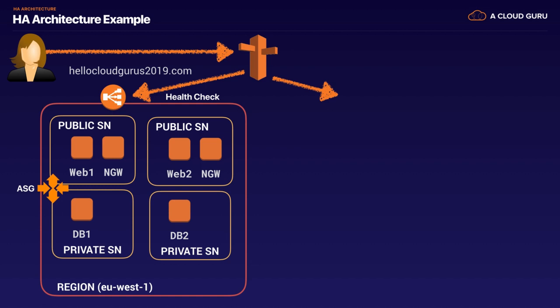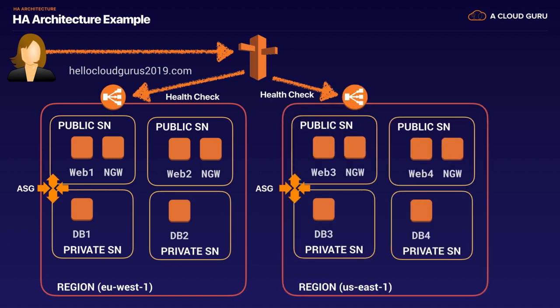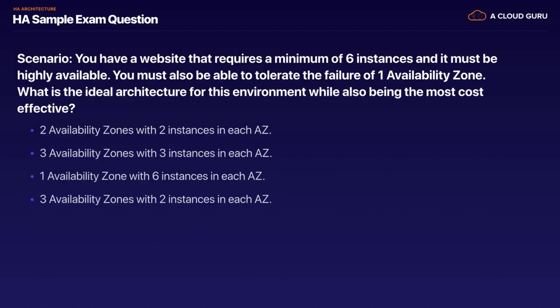We then have another region with an identical environment set up, and this might be in US East 1, and this is also backed by a health check. That way, if one of the regions goes down, or perhaps it's just an availability zone, you've got failover. You can fail over from one region to another, or from one availability zone to another. So this is a good example of highly available architecture.